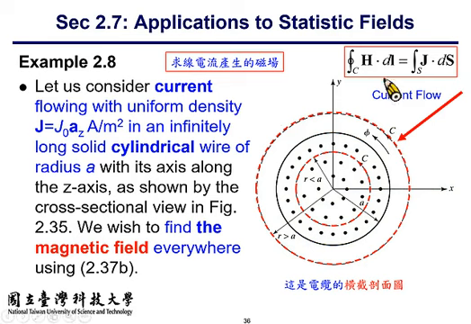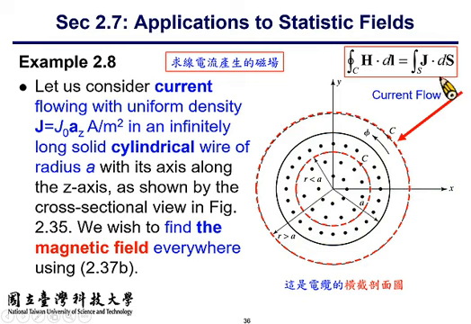So the equation, the Faraday's law, which involves the closed loop integral of magnetic field intensity, the currents, and the time derivative of electrical flux density. However, in the case of static field, the time varying part of electrical flux density goes away.